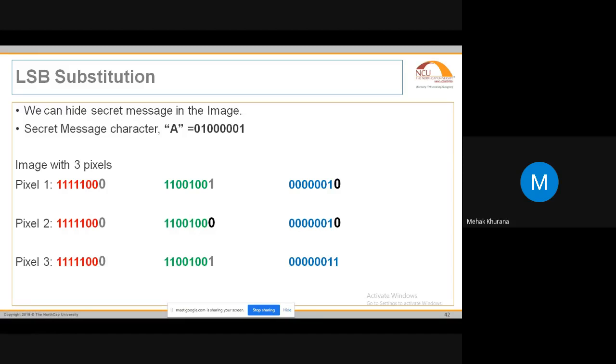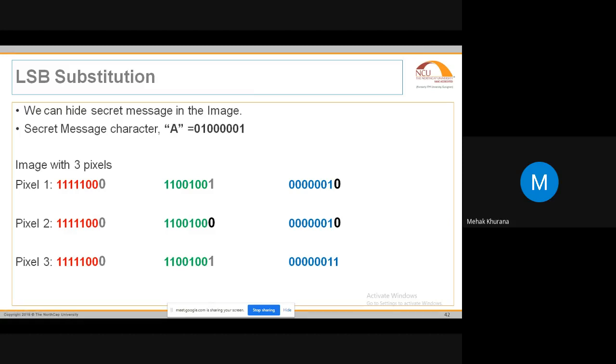The value has changed from 3 to 2, and 201 has changed to 200, and this value has changed from 3 to 2. So only a 1 bit change in the first pixel, a 2 bit change in the second pixel, and no change in the third pixel. That means I am only making 3-bit changes in that image.